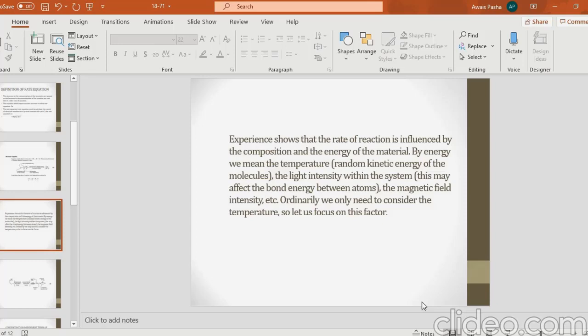By energy, we mean temperature, the kinetic energy of the molecules, because temperature is the average kinetic energy. The light intensity also affects the rate of reaction, and the bond energy between the atoms. The magnetic field intensity also affects the rate of reaction. Now we will focus on these factors.